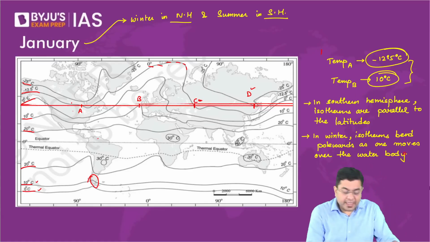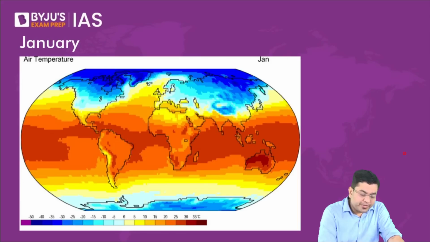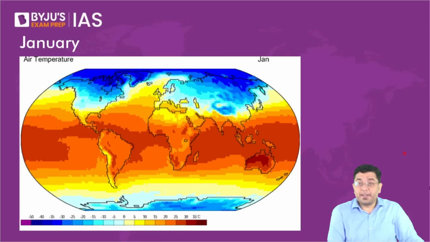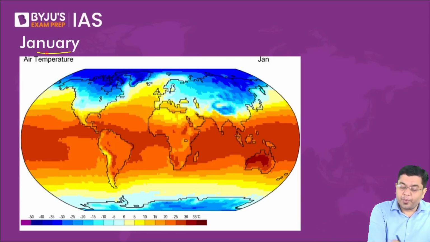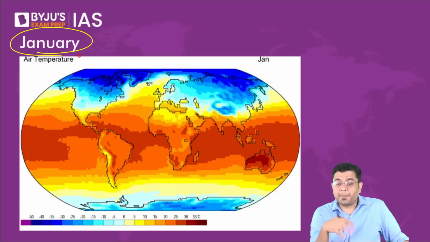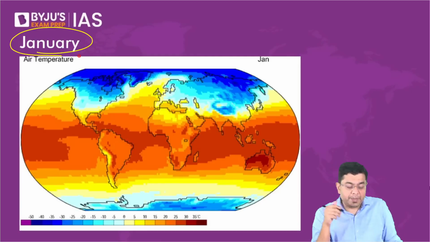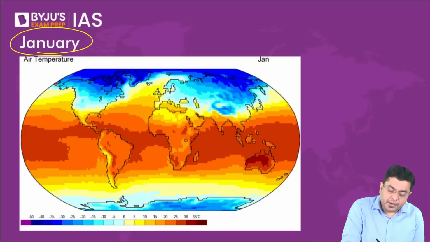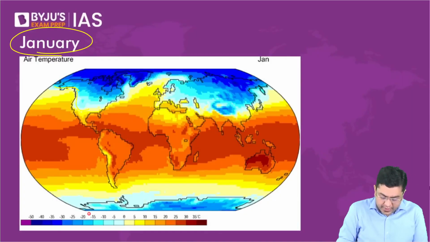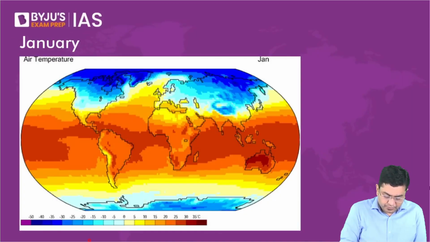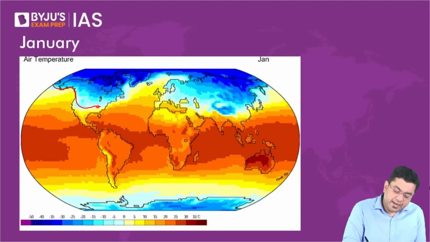Let us understand that with the help of a thermal image. So, this is your thermal image representing the temperature during the month of January. This is the thermal image representing temperature of different areas of the planet. So, here you will observe, look how the land areas are going to be significantly colder. The land areas, they are going to be significantly very, very cold.